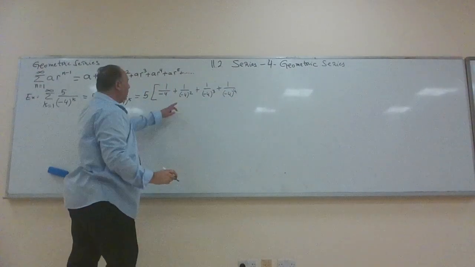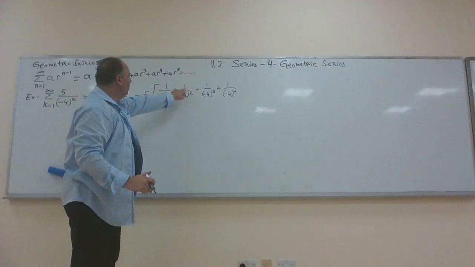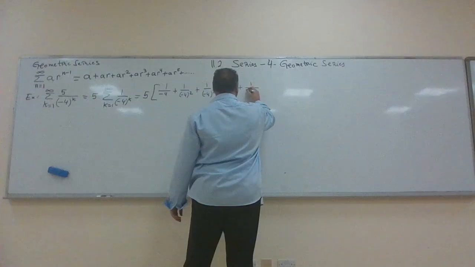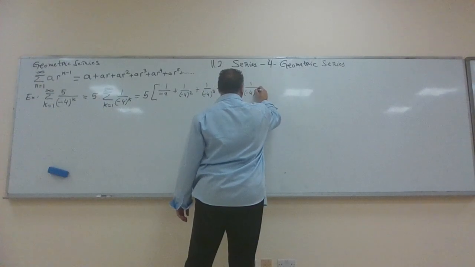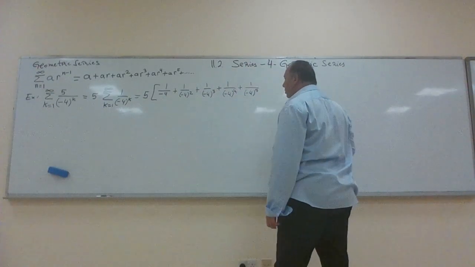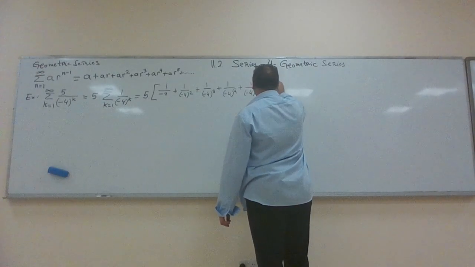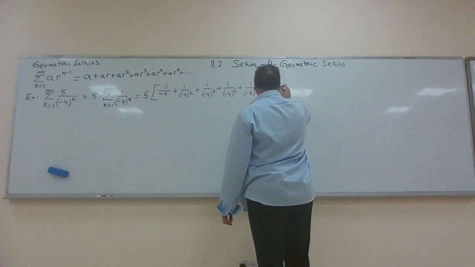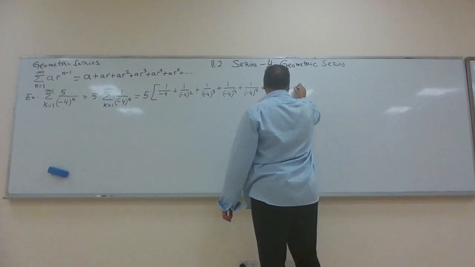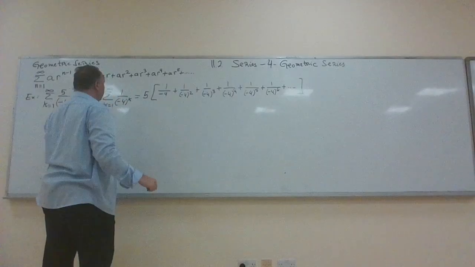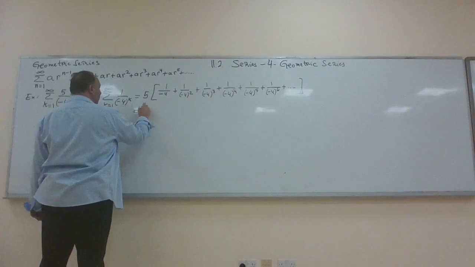There is no point in writing 1 over 16. What we want is to identify the first term, and the second thing we want to identify is the common ratio. There's no point in writing the values 16, 64. It's not going to help us at all.